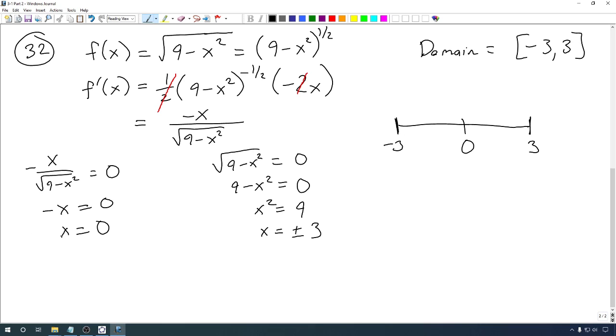Then I'm also going to include x equals 0 as one of my other critical points. So we include all three of our critical points, and we also essentially include the places where things become discontinuous. When the function stops existing at those endpoints, we need to include those.